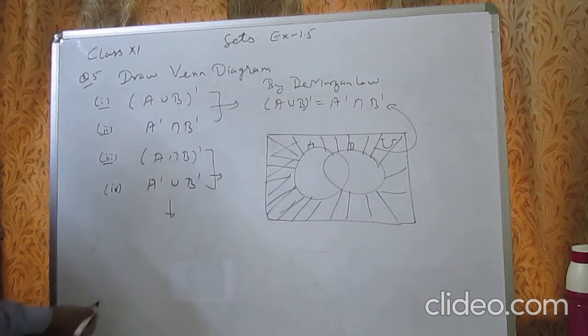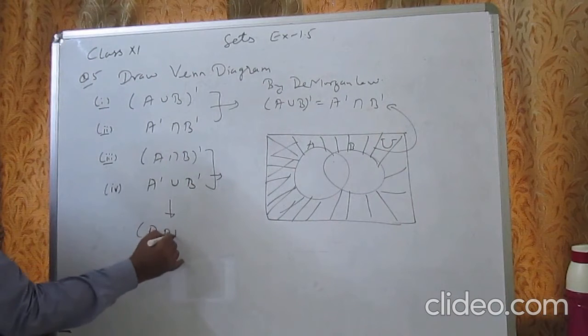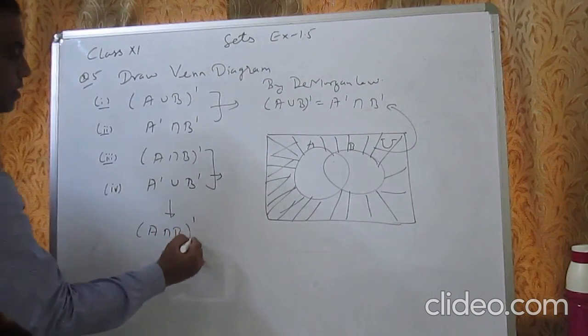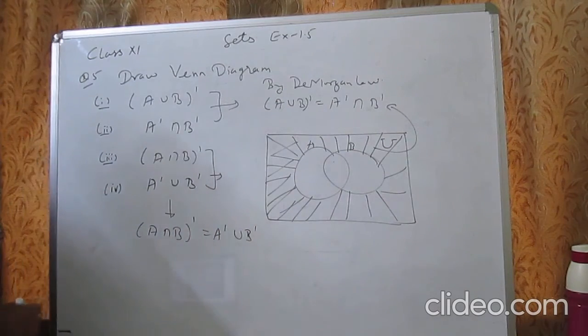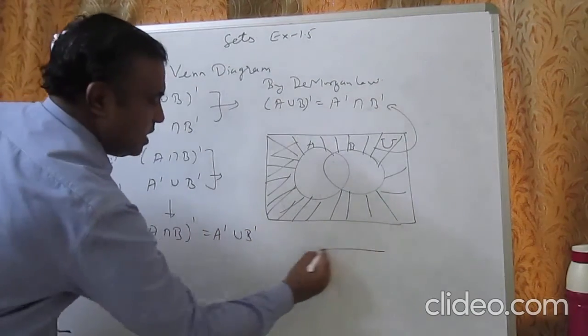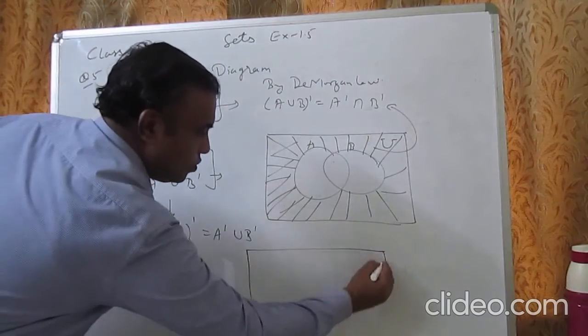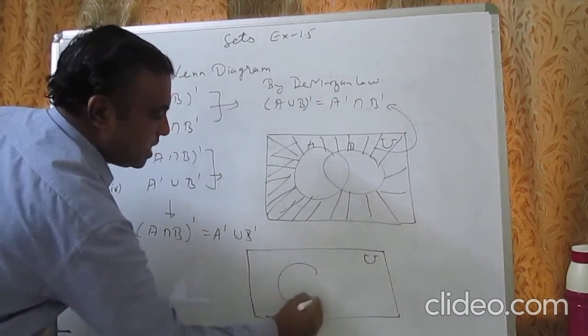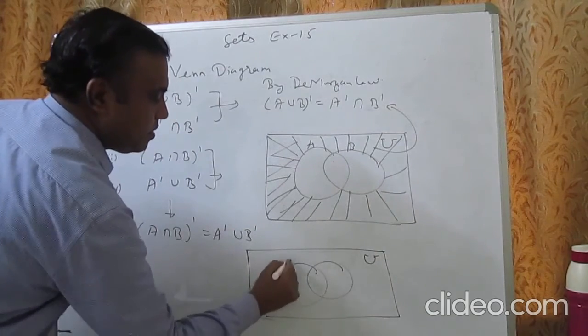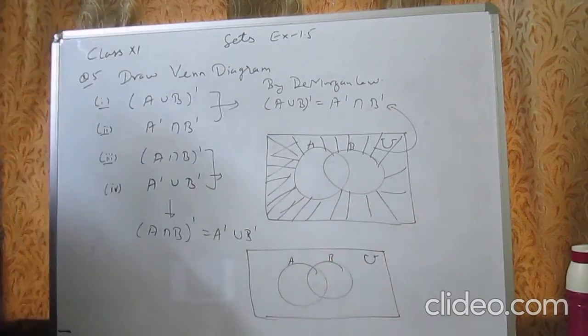We know that by De Morgan's law, A intersection B complement is equal to A complement union B complement. Now the diagram of this is the universal set U. This is set A, this is set B. What is the intersection element?